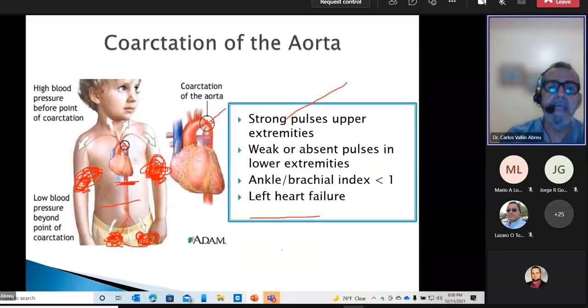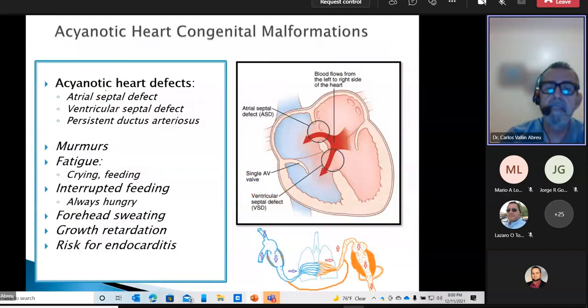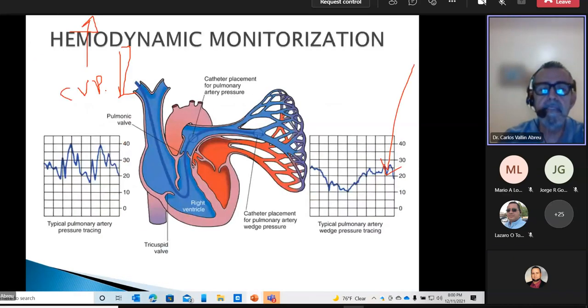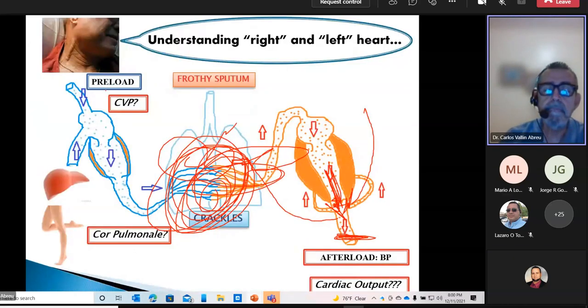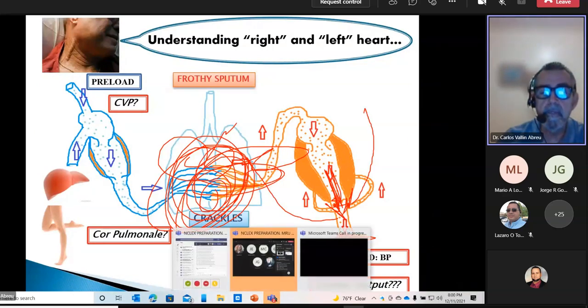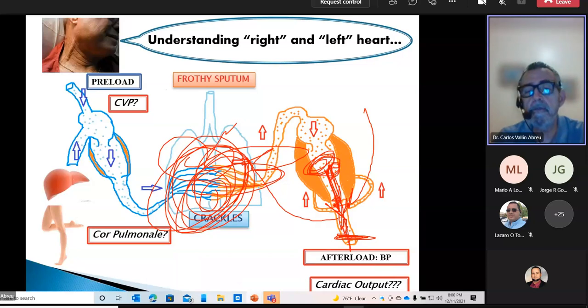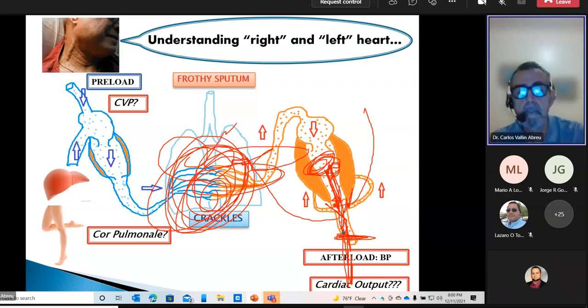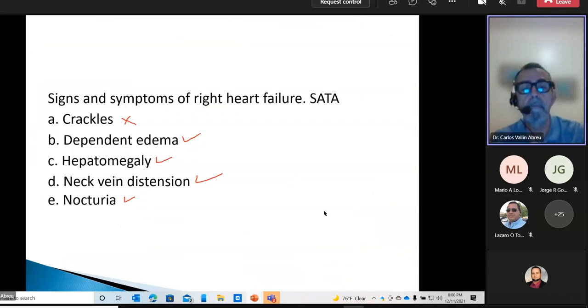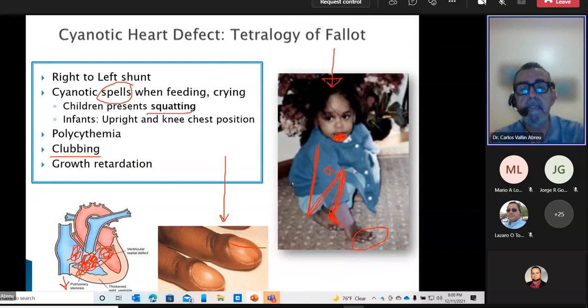So the client with bacterial endocarditis is going to have a clot here, and the clot is going to be pumped to the general circulation.